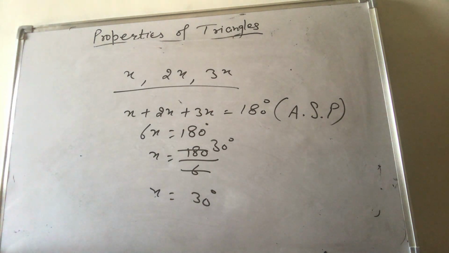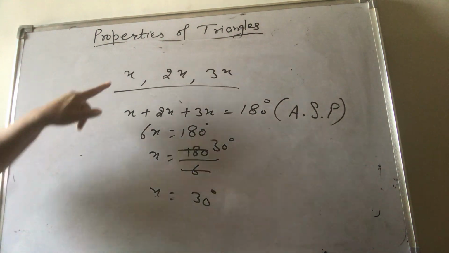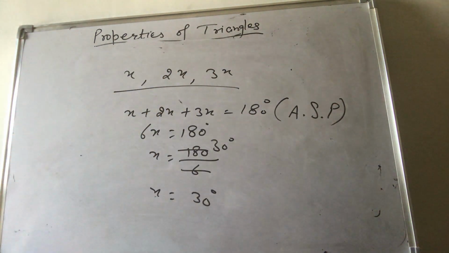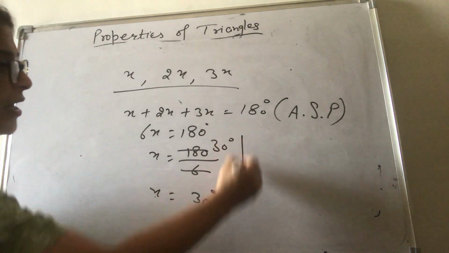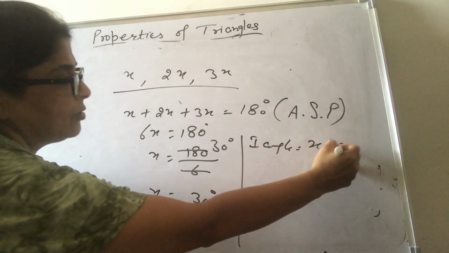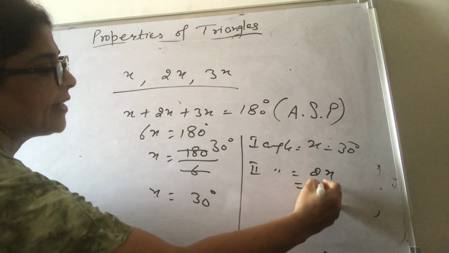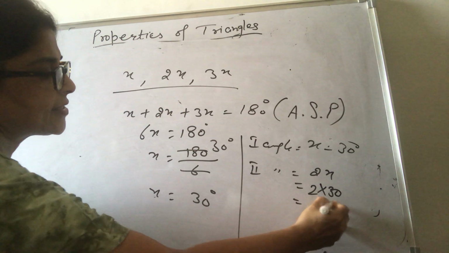Here we have to find out only the value of X. In the same question, if we are asked to find the angles of the triangle, then we will put the value of X in all these three and find the measure of the angles. As we are given the first angle as X, that is equal to 30 degree. The second angle we are given 2X, so that means the second angle will be 2 into 30, 60 degree.